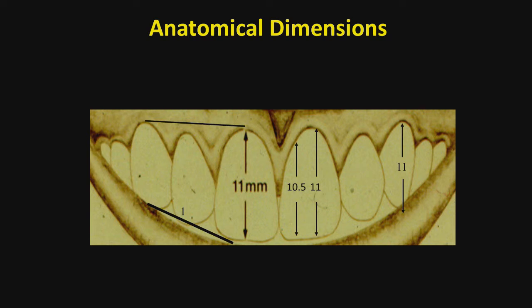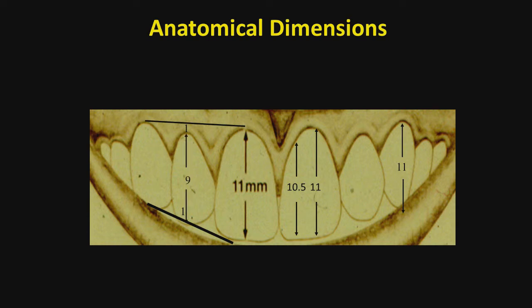But let's look at the lateral incisor. First of all, the lateral incisor gingival margin is 1 millimeter incisal to the gingival margin of the central and the canine. And this is misdrawn down here, but it is 1 millimeter short of the plane between the incisal edge of the central and the canine.